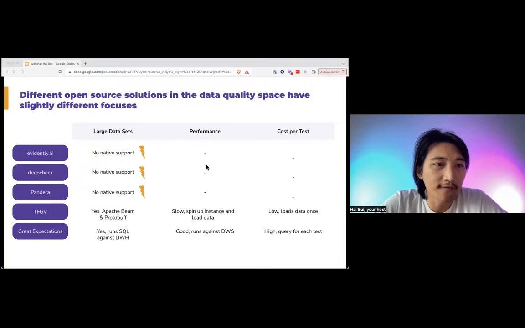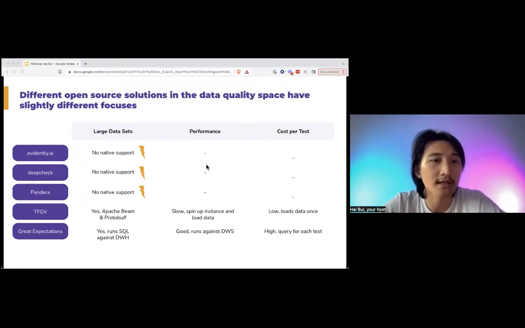In the end, we found 2 solutions for running against large data sets, which are TensorFlow Data Validation and Great Expectations. Great Expectations uses SQLAlchemy to run SQL queries against the data warehouse.